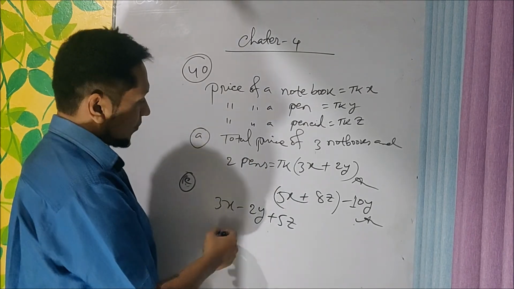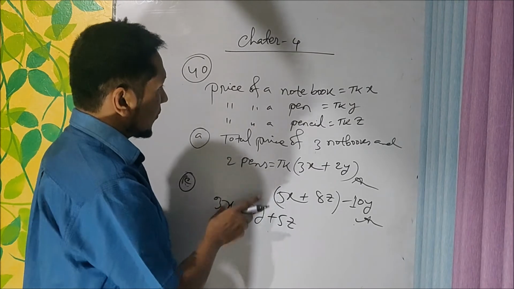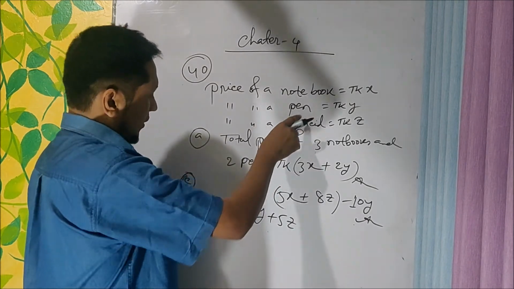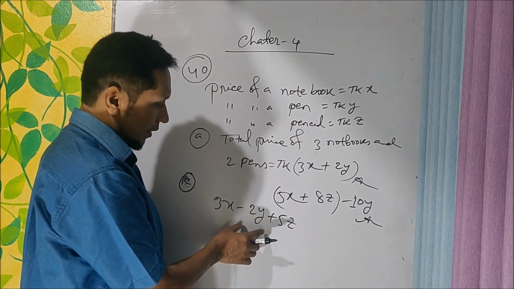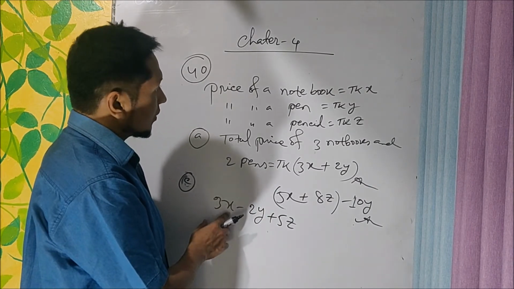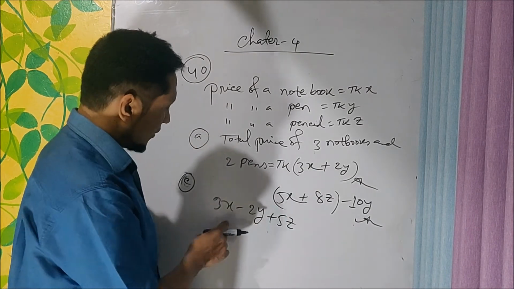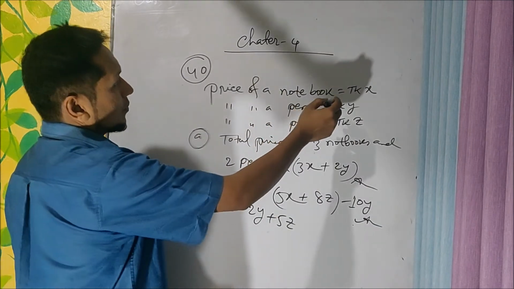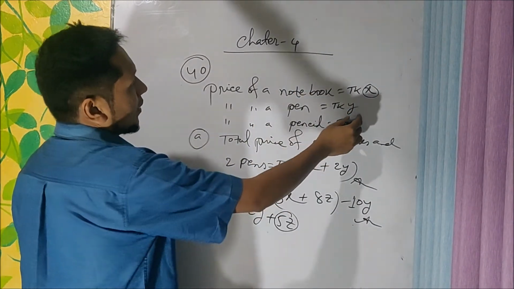So 3x minus 2y plus 5z means the price of 2 pens has been deducted from the total price of 3 notebooks and 5 pencils, because 3x means the price of 3 notebooks and 5z means the price of 5 pencils.